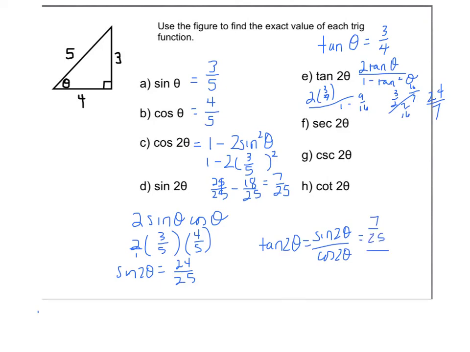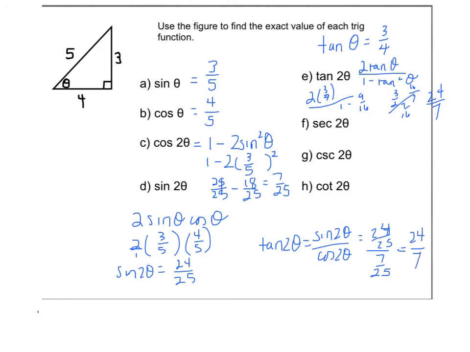The cosine of 2 theta is what? Oh, no, wait, that was the cosine. Hold on. The sine of 2 theta is 24 over 25. And the cosine of 2 theta was 7/25. So flip and multiply, guess what? You get 24/7. You get the same thing as we did by using the formula. So if you know sine and cosine, you can just use that to find tangent.